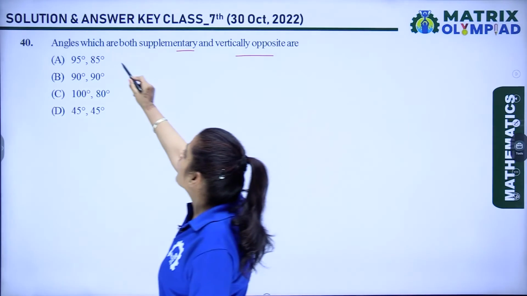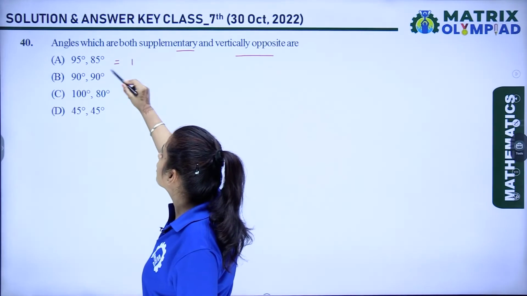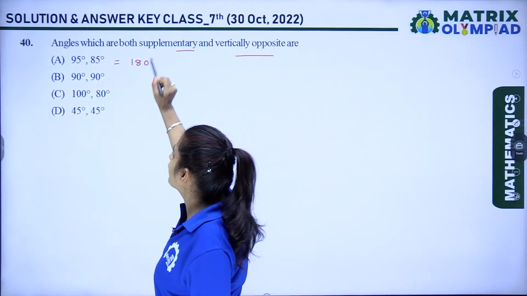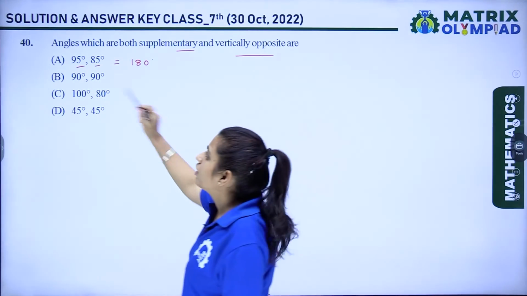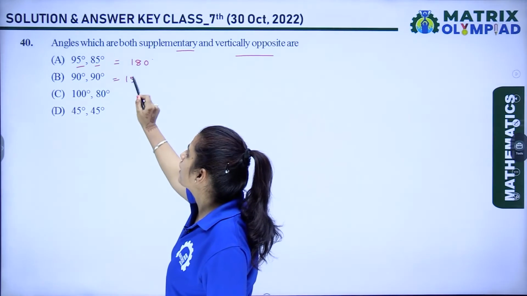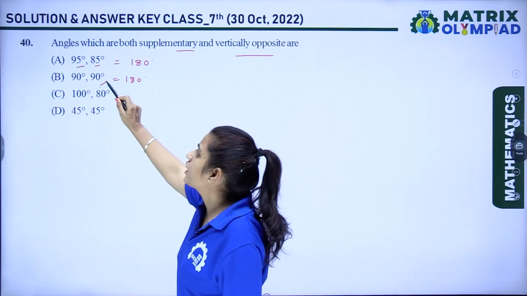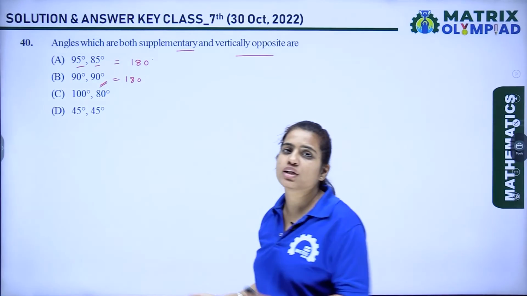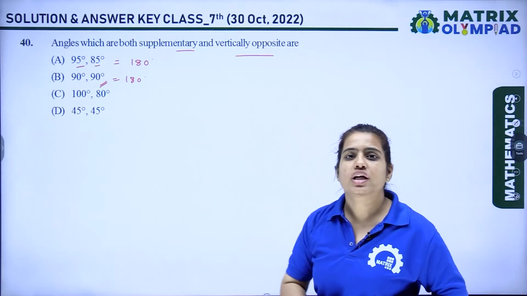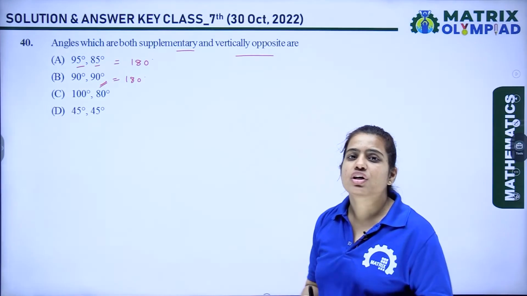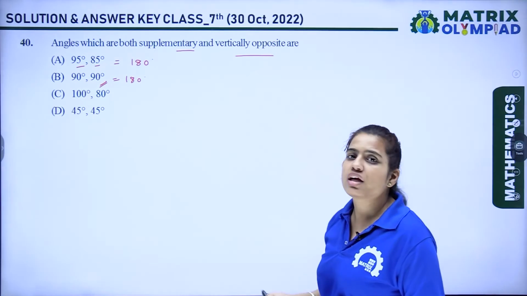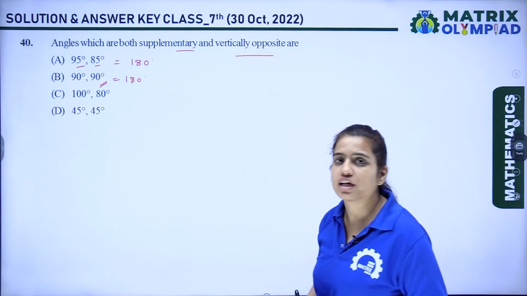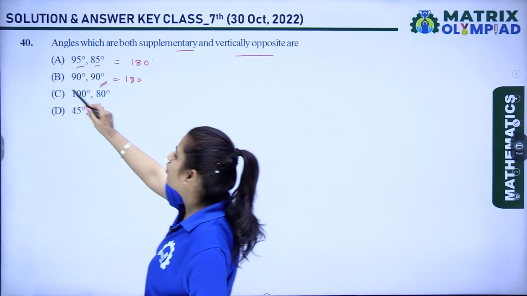So here let's calculate the sum of two angles that is equal to 180 degrees, but they both are different. 90 plus 90 is also 180 degrees and they are vertically opposite angles also. As I told you, vertically opposite angles are the angles formed by two intersecting lines and their opposite angles are equal at the point of intersection.